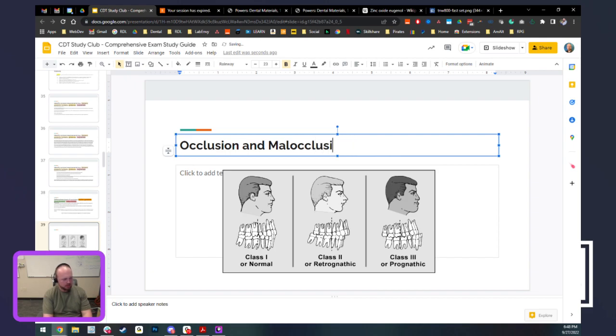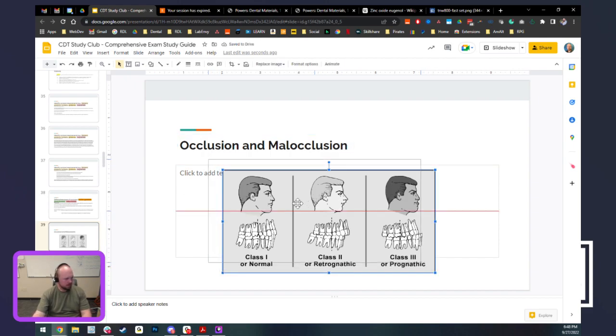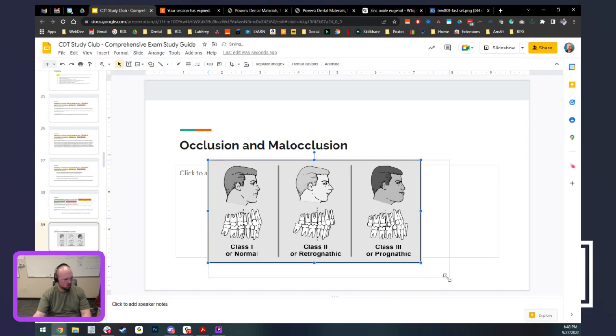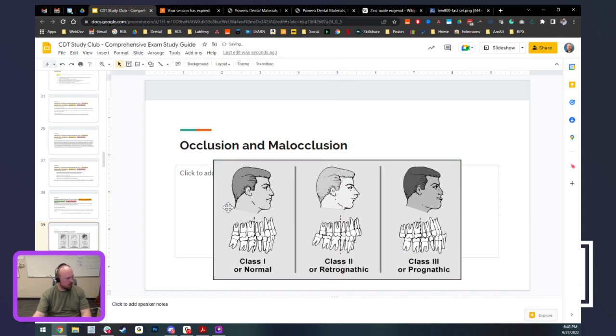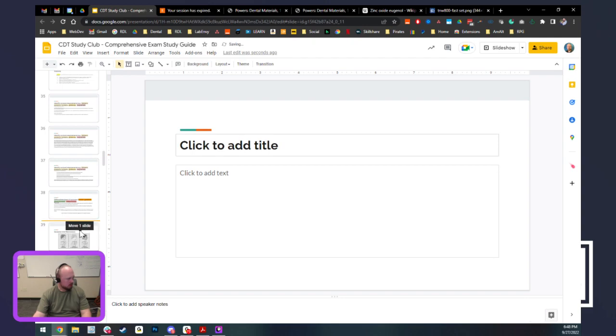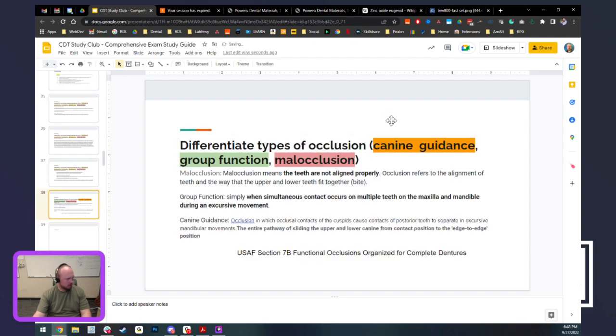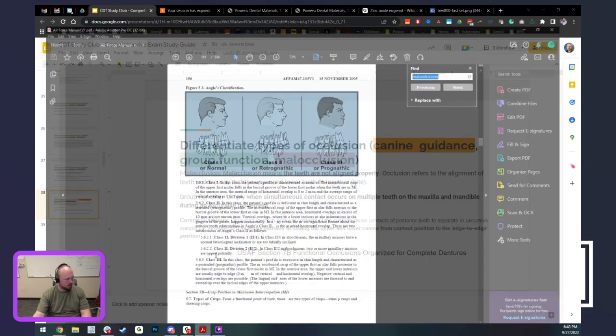None of this is how you spell any of that. No, I don't care what you say. None of that's how that's spelled. Centered. All right, occlusion and malocclusion. I'm going to make another one. I'm actually going to just move this up because originally it said canine guidance. So we're going to go right back to this.